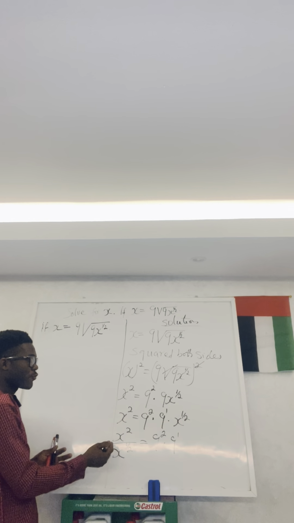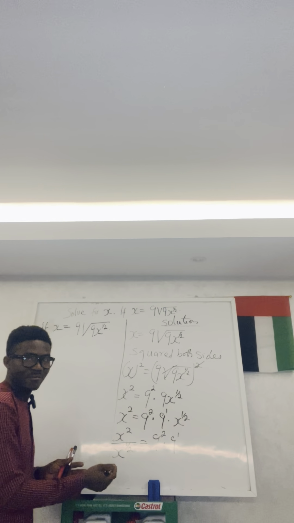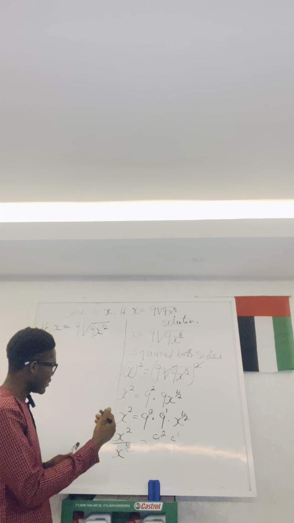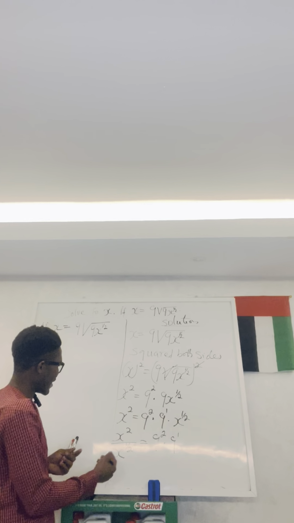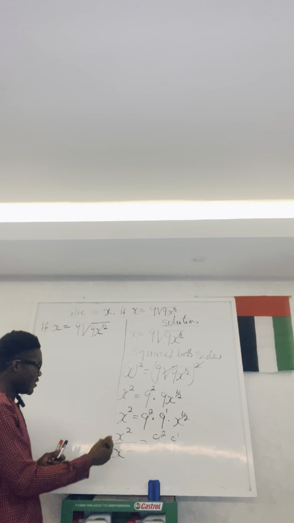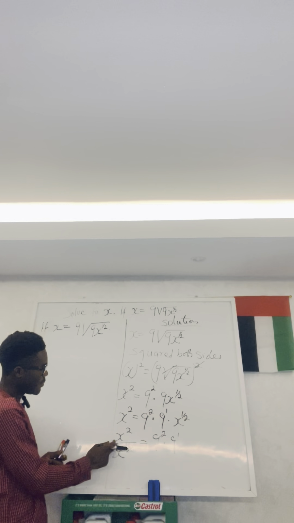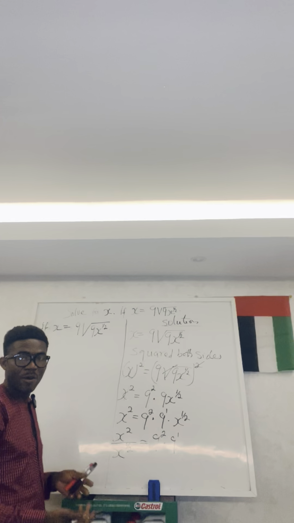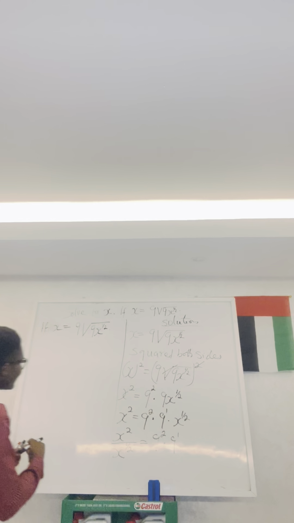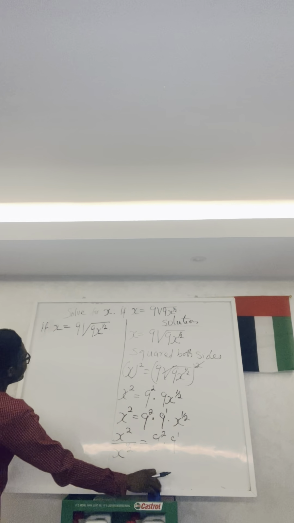Under division of numbers of the same base, it can be simplified by taking one of the base and subtracting their powers.